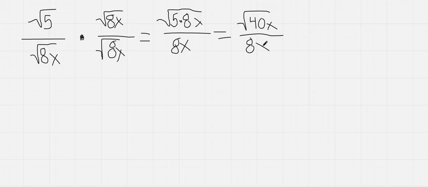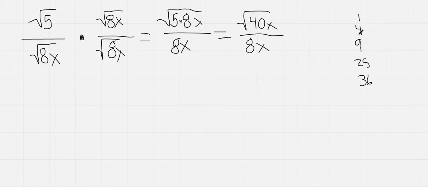All right, and the square root of 40x, let's look for factors of 40 that are perfect squares. So 1 is a perfect square, 4 is a perfect square, 9 is a perfect square, 25 is a perfect square, 36 is a perfect square.